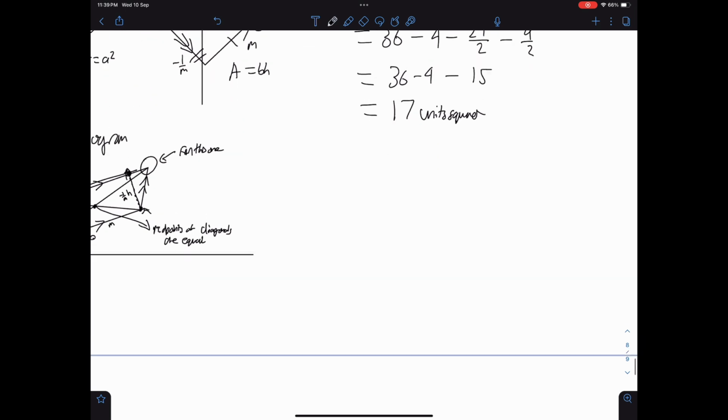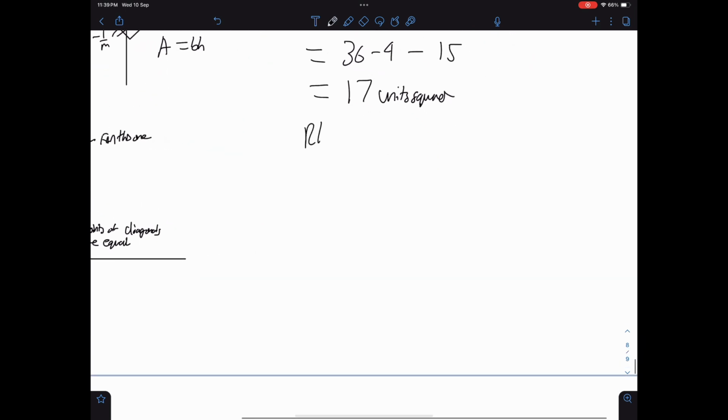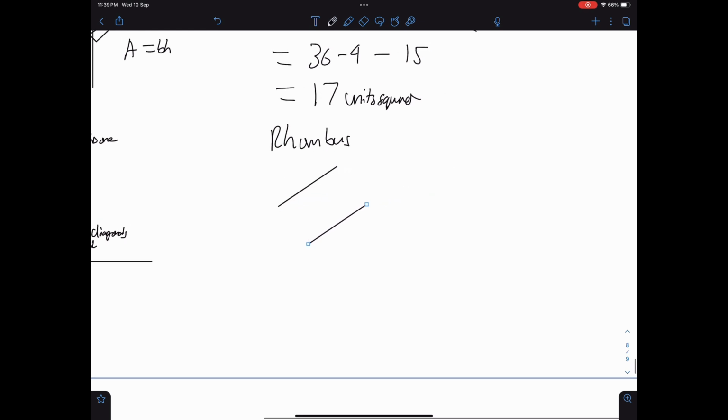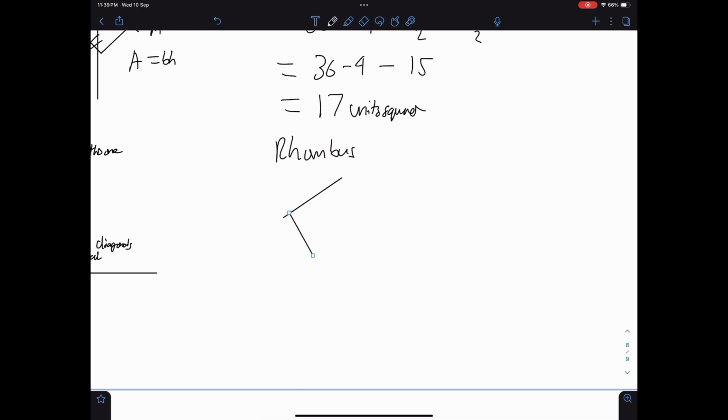Now we'll move on to a rhombus, and this is just a quadrilateral with 4 equal side lengths. This isn't a very good rhombus, but it'll do.